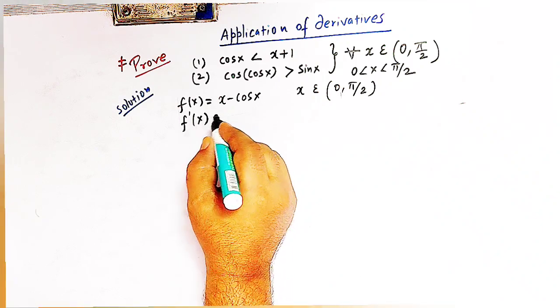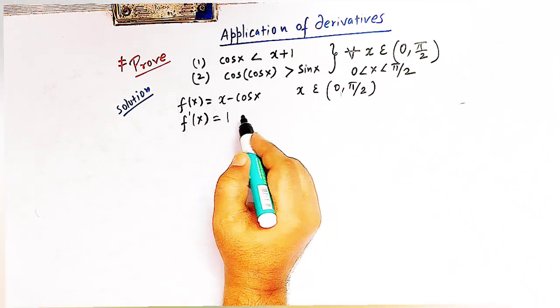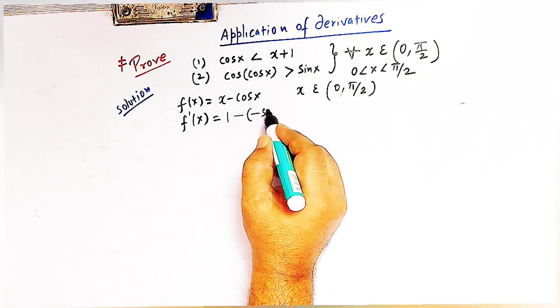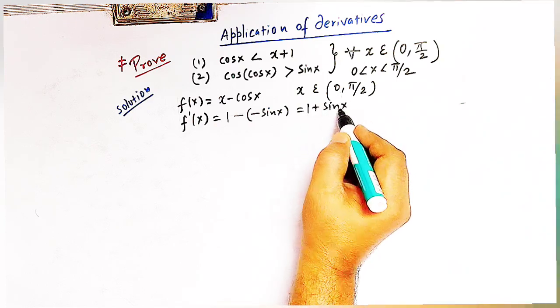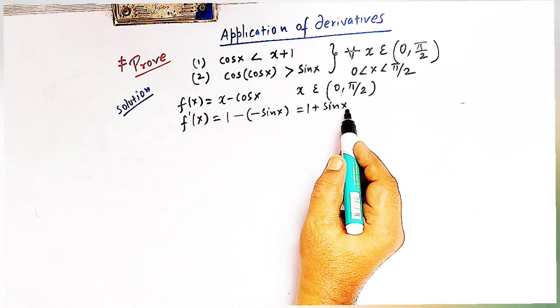That is, f prime of x is equal to 1, the derivative of x, then the derivative of cosine x is minus sine x. So we have 1 plus sine x.